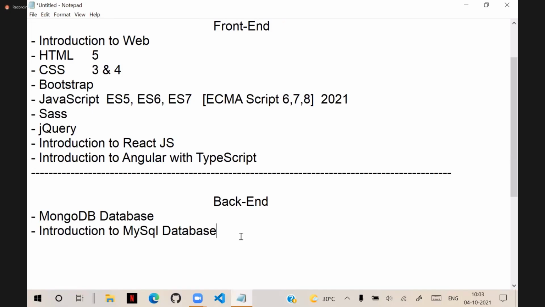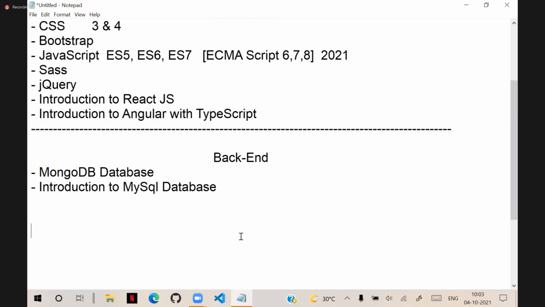And what is a database, you are going to learn about that. So in the backend, we will have a complete discussion on MongoDB, and an introduction to the database called MySQL. And you will learn a server-side technology, Node.js. You will learn Node.js server-side.